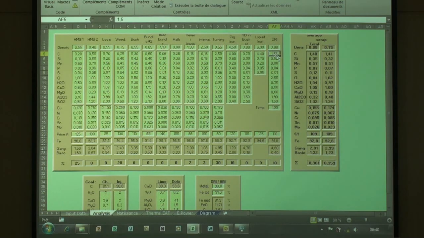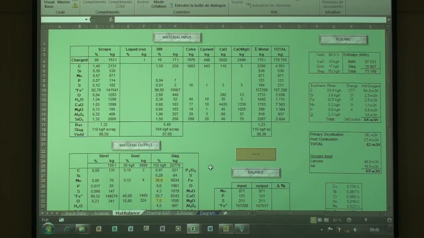But most of the time this carbon will protect the rest of the iron. So you will end up with a lot of iron oxide in the slag. FEO.